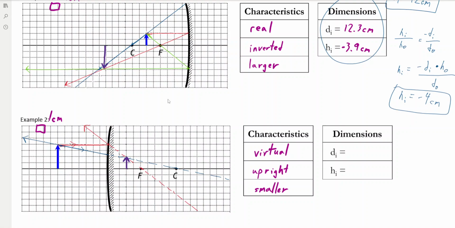So it is 1, 2, 3 centimeters distant from the mirror, and the height is 2 centimeters. Okay, that's kind of what it looks like here to me with my eyes. So again, is it perfect? Probably not, but hopefully this kind of works.